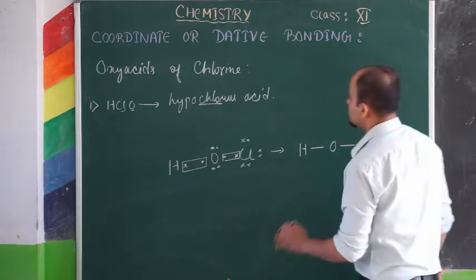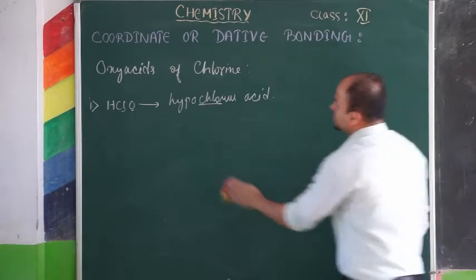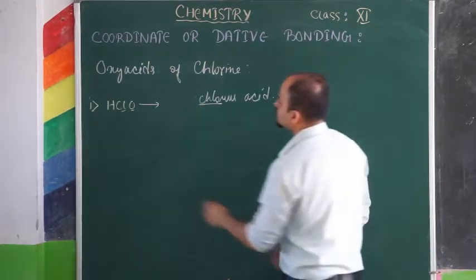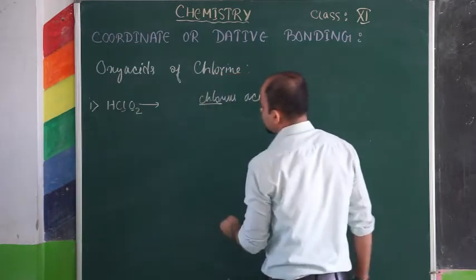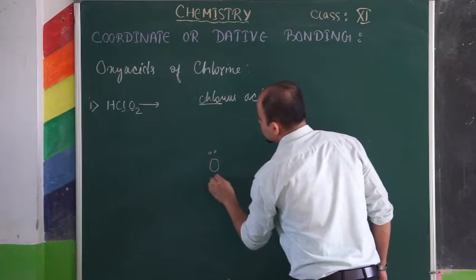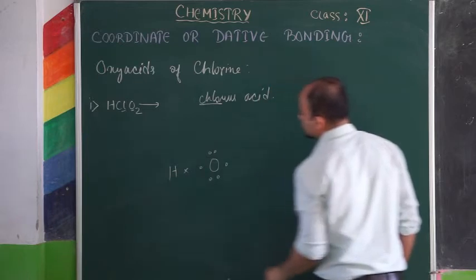Now let's discuss chlorous acid, that is HClO2. Here again we have oxygen with 6 electrons in the valence shell. Hydrogen has 1 electron in the valence shell.